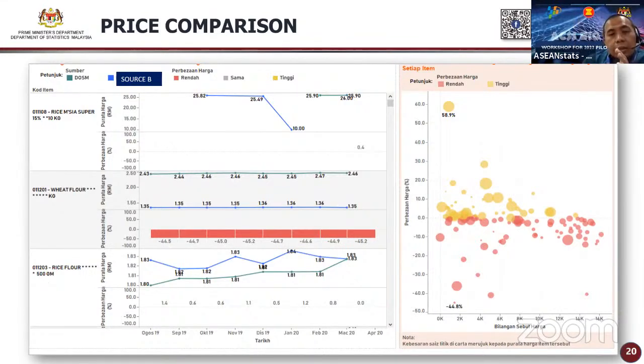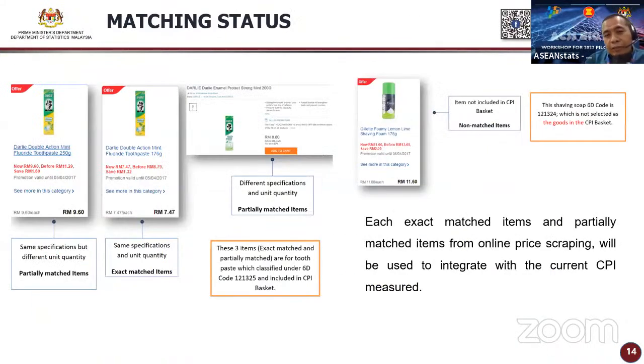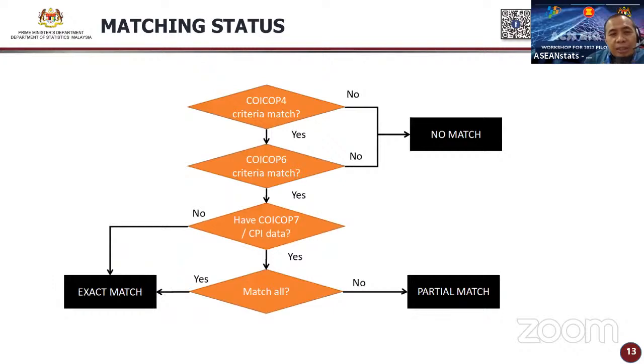I think one interesting thing for me is how to match the text, because as we know, the text or title for each online item and the one in the survey are different. Maybe is there any section to match?